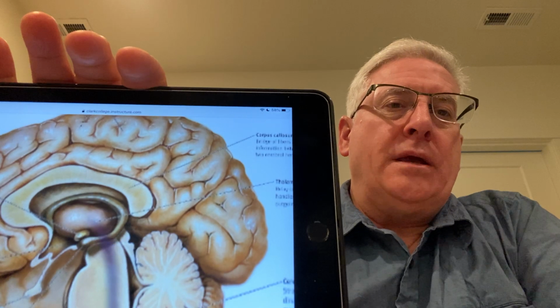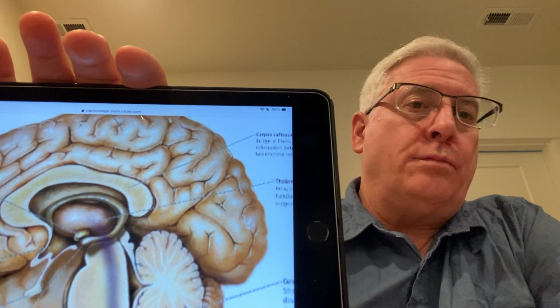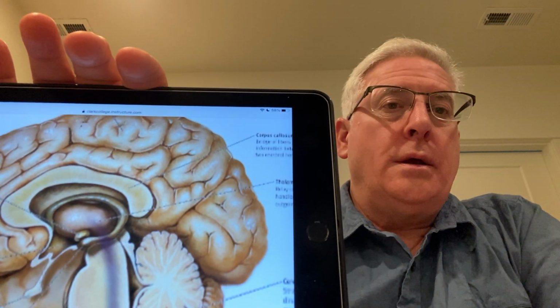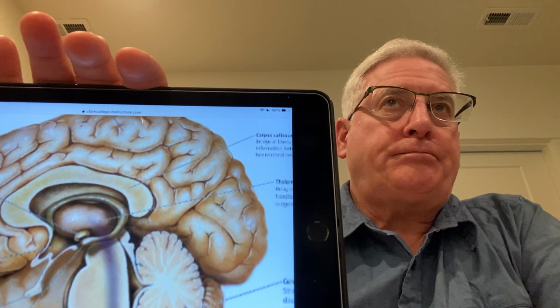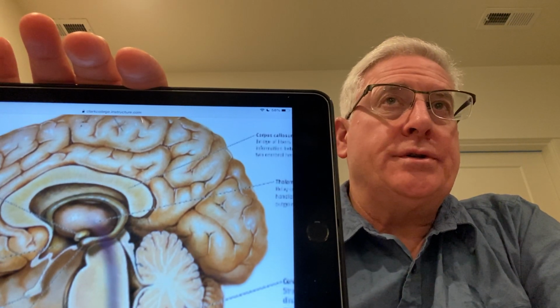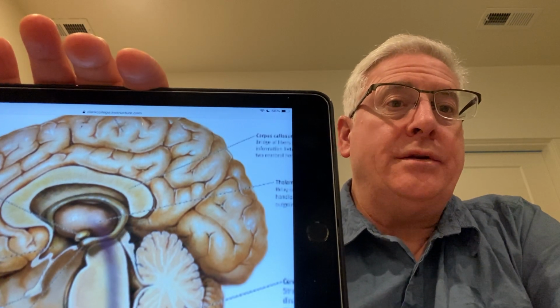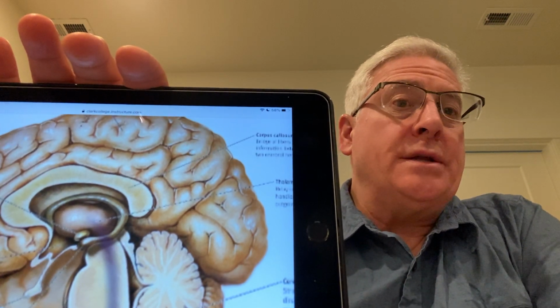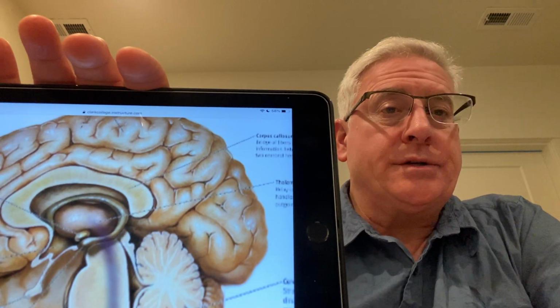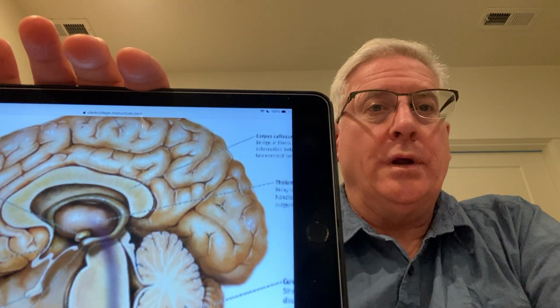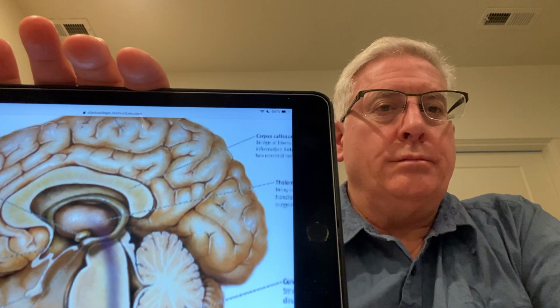Anything that either keeps blood from getting to a portion of the brain or causes blood cells, especially red blood cells, to come in contact with neurons, because blood cells are actually toxic to neurons. Neurons die when they're exposed to blood cells.